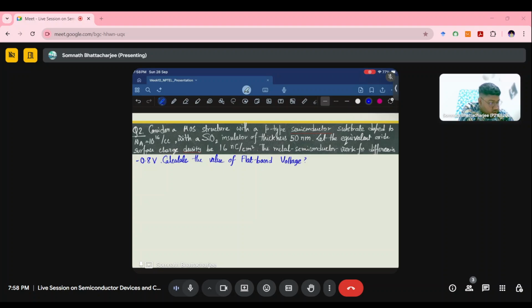So we have already learned about the flat band voltages. Let me just give you a hint.